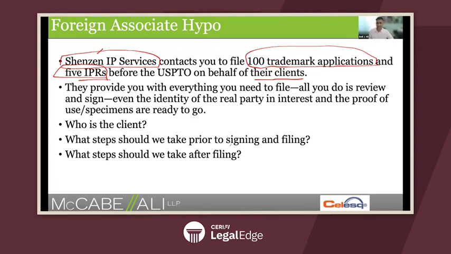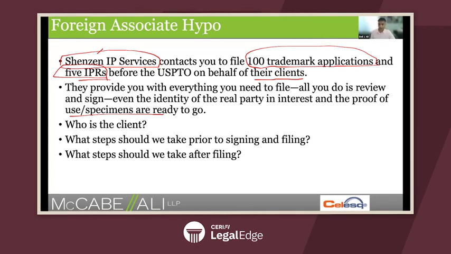So what steps should we take prior to signing and filing these documents? Well, that's a loaded question. We want to make sure that we have a reasonable basis to do things. So when it says the specimens are ready to go, just because somebody says this is a good specimen, does Shenzhen IP Services know what a good specimen is? Maybe they've filed a lot of trademark applications through US associates.